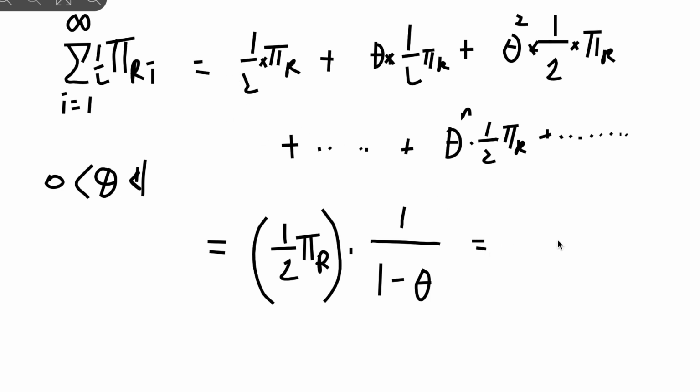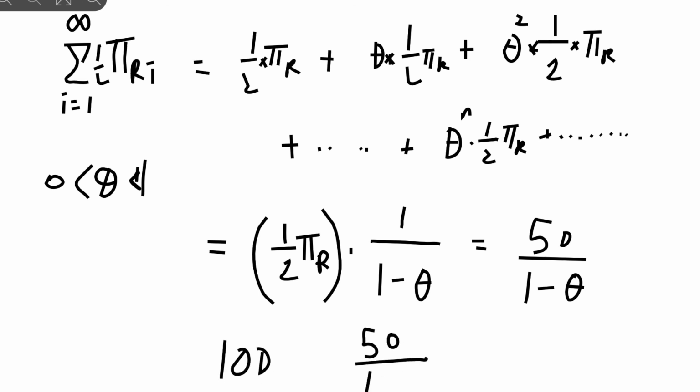So we have half of the retailing profit, 50, over 1 minus theta. What we want to do is to set the sum greater than 100.